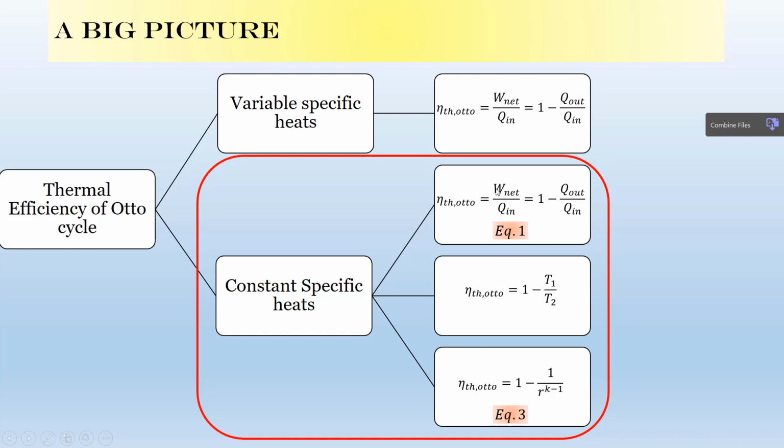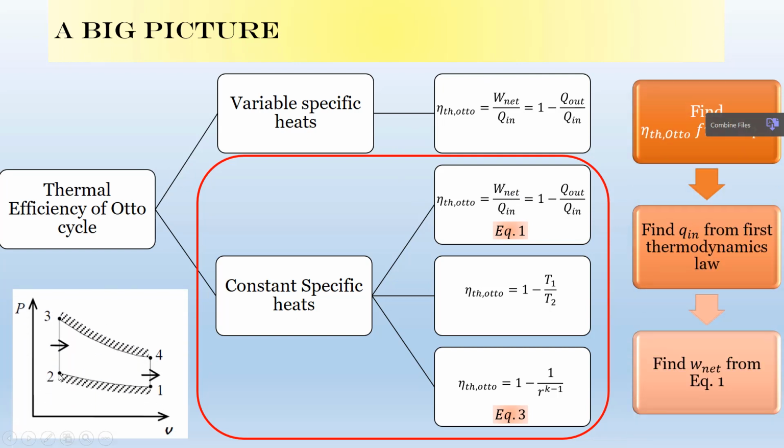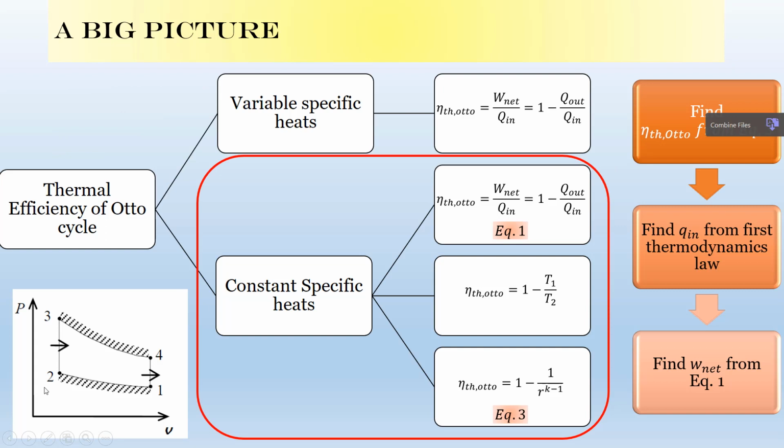How can you find the W net, guys? You can actually find the Q in if you write the energy balance for the process between point 2 to 3. So if you write the first thermodynamic law for the process between point 2 to 3, you can find the Q in, and then by using equation 1, you can find the W net.